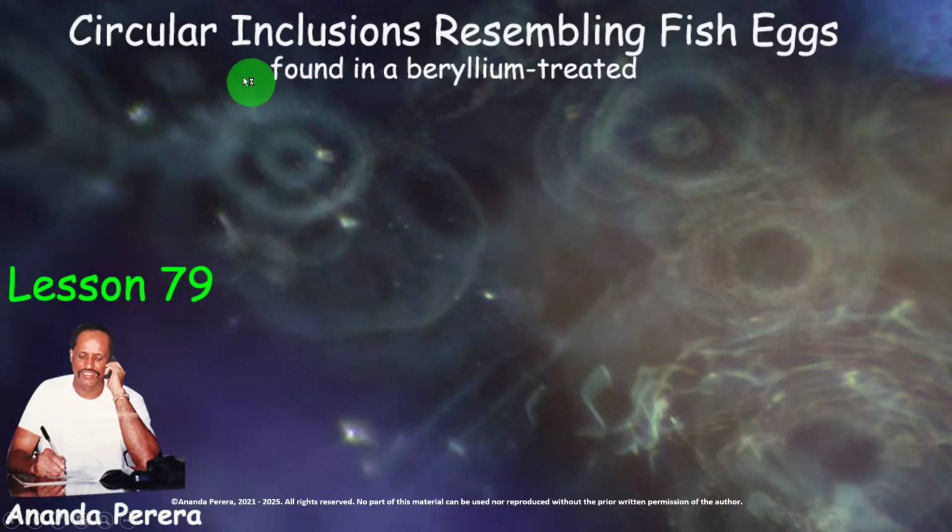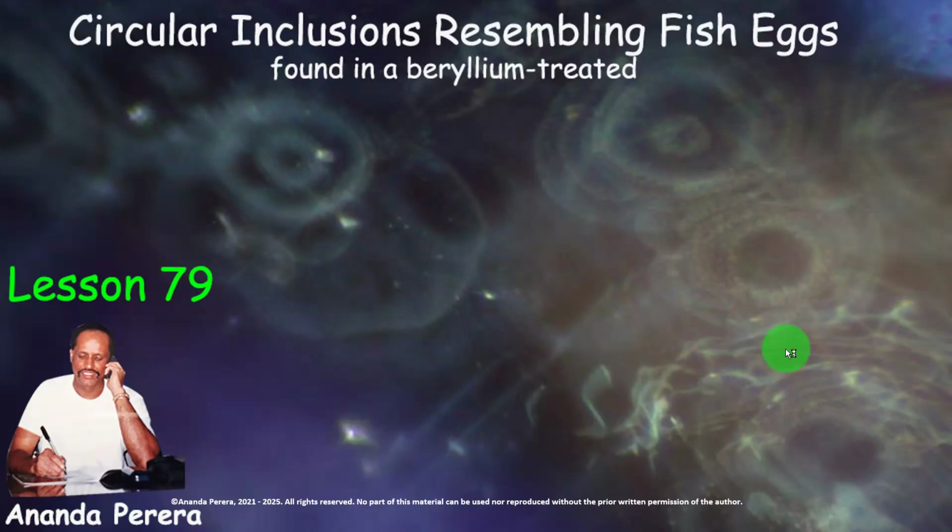Then, circular inclusions, very important. Try to identify with this picture. Circular inclusions resembling fish eggs. This is like fish eggs. We can find these in beryllium treated stones.